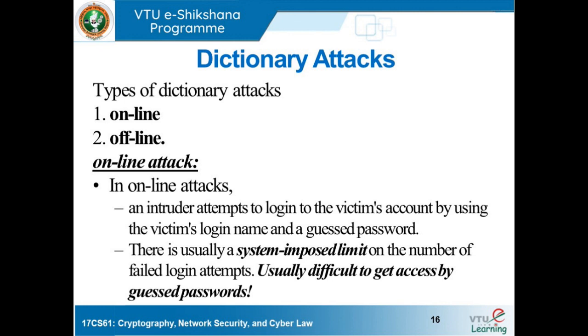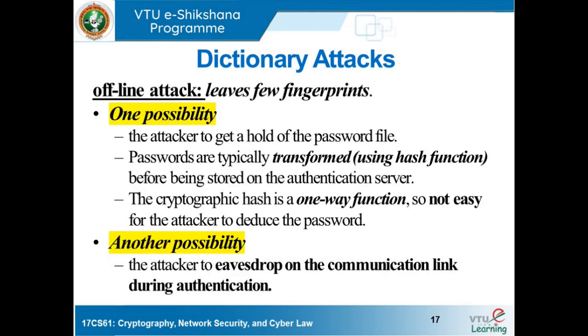Another possible dictionary attack is the offline attack. Offline attack leaves very few fingerprints. In case of an online attack, the system is able to track the number of attempts and block the account. In case of offline, one possibility is that the attacker can get hold of the password file.